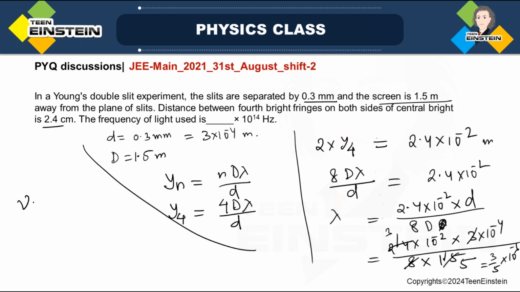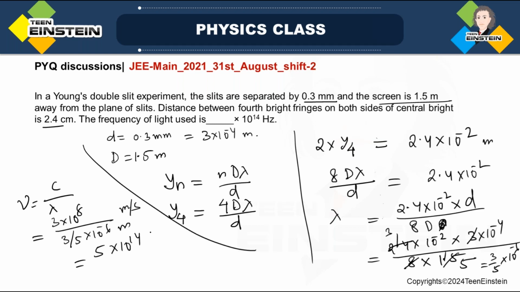So I know frequency nu will be c by lambda. Lambda we have already got. C is 3 into 10 to the power 8 meter per second, and this is given as 3 by 5 into 10 to the power minus 6 meter. This will be per second. So look, this will be 5 into 10 to the power 14 per second, which is hertz.